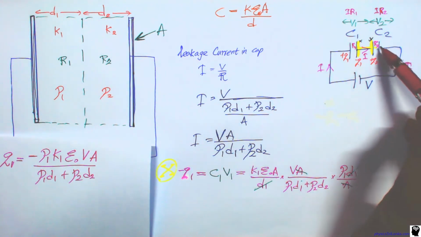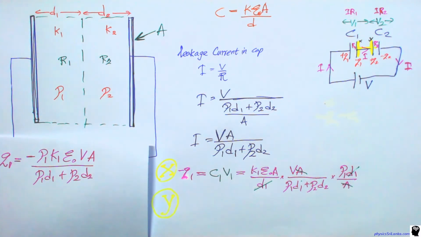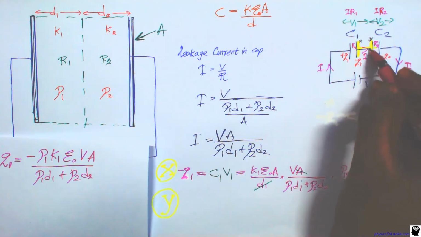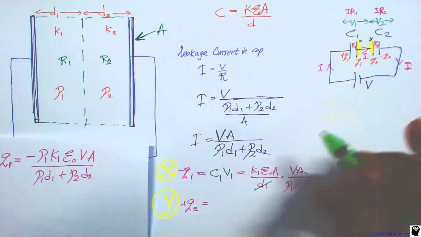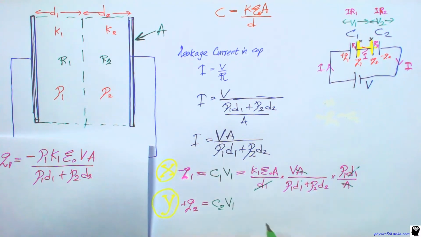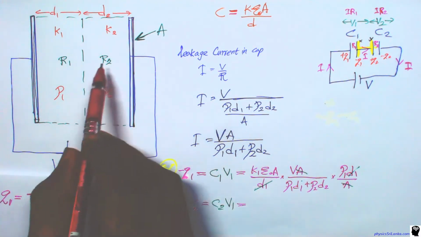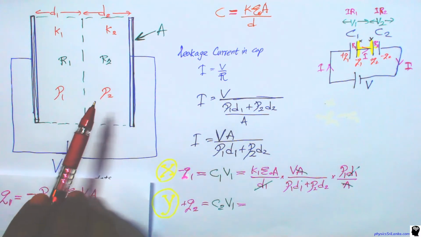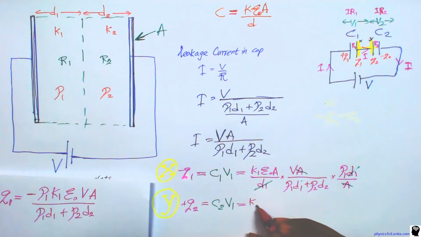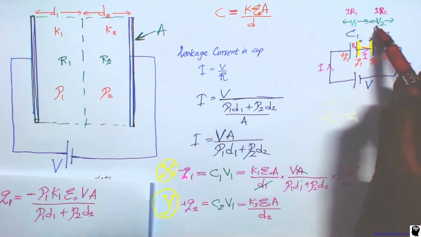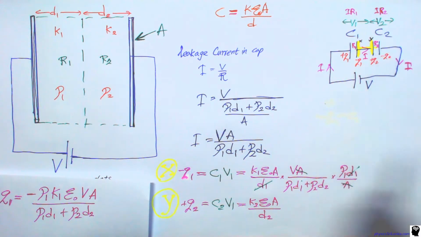Similarly, the charge on capacitor C2, on plate Y, is plus Q2. We can write it as C2 V2, where C2 is K2 ε0 A divided by d2, multiplied by the potential difference V2 across capacitor C2.